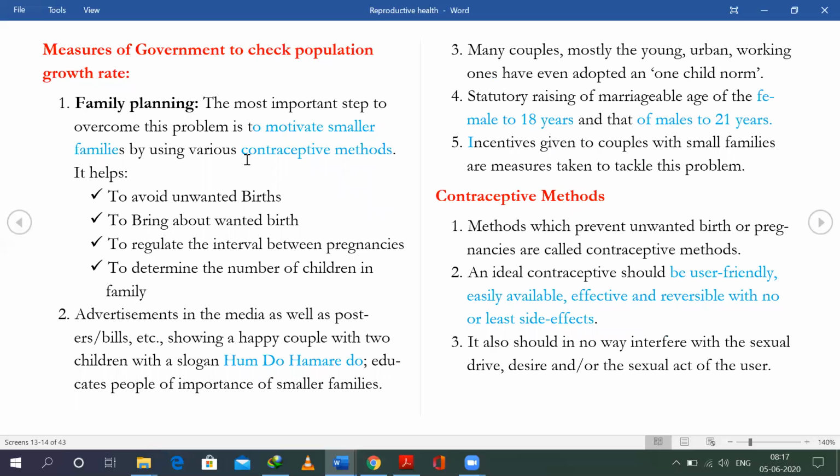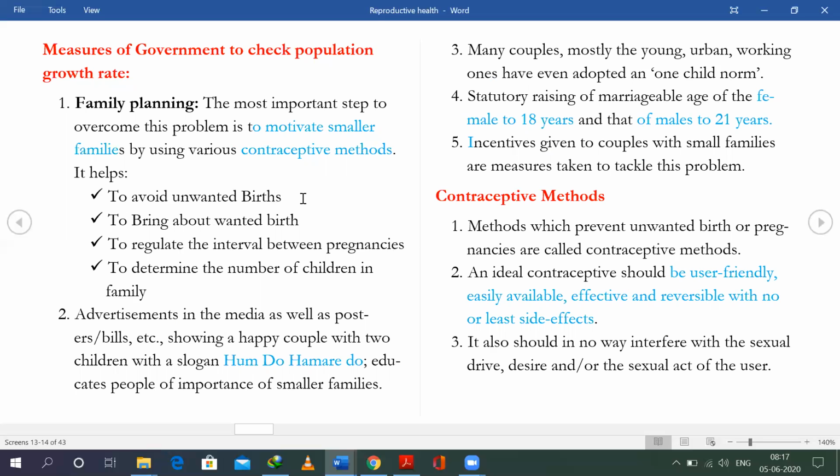Encourage people to use the contraceptives. Encourage families to have family planning. And what is the benefit of using these contraceptive methods, birth control options? It helps the marriageable couples to avoid unwanted births.